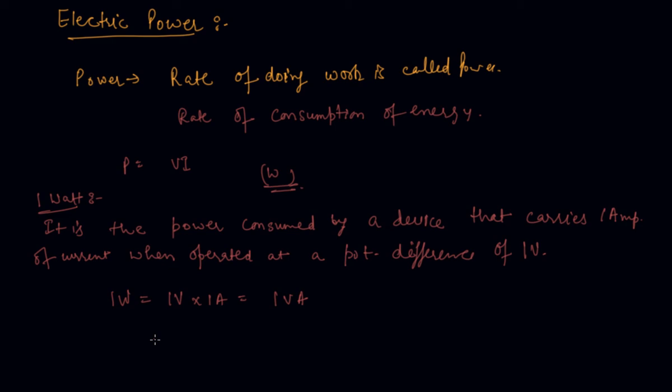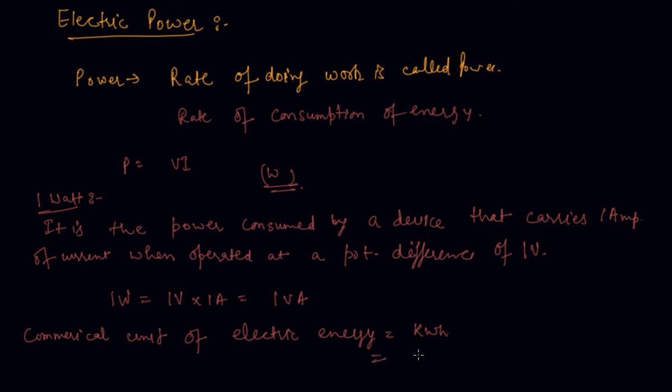And now the commercial unit of electric energy is the kilowatt hour. How much power is dissipated in 1 hour is called the kilowatt hour.